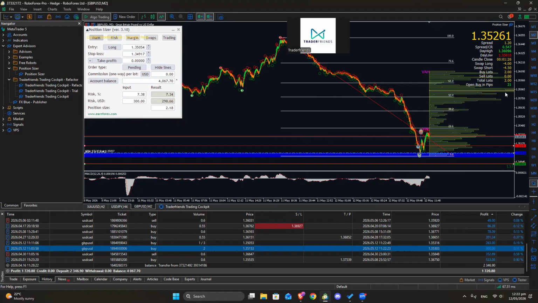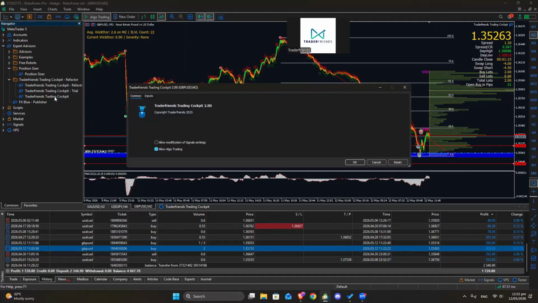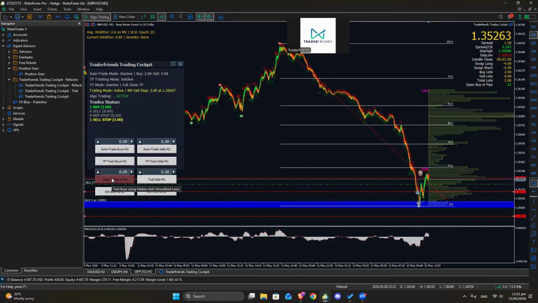So this is the highest volume node over here, and this is where I would go for full take profit. But if you don't want to do that manually, you can go with the cockpit. What you can do is trail my buy, and it moves with the market.